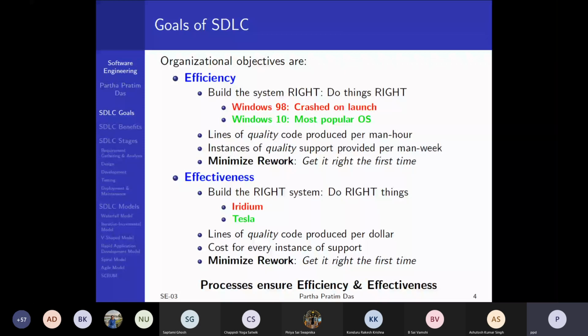For example, again, 2 examples. One, I'm not sure if you have heard about the Iridium project, which was spearheaded by Motorola. It was about providing satellite phone service all across the world. Every point in the world would have phone service through satellite, and it was planned that every day of the 365 days, one satellite would be thrown up in the air, and it would spread over the whole of the globe, so that anybody would be able to connect to that satellite phone.